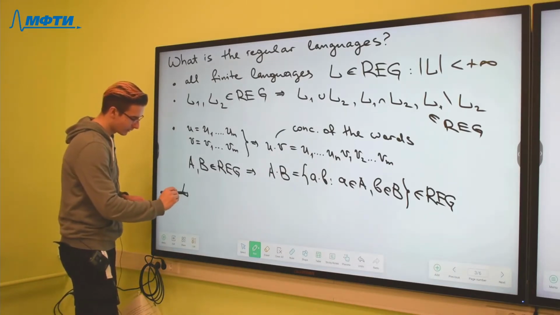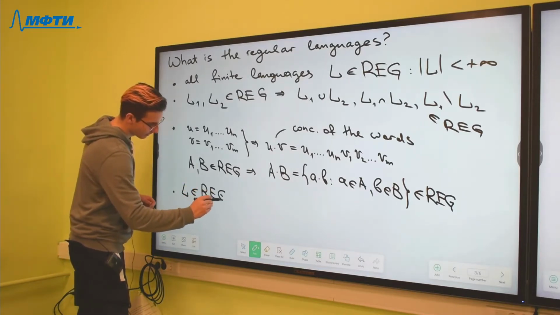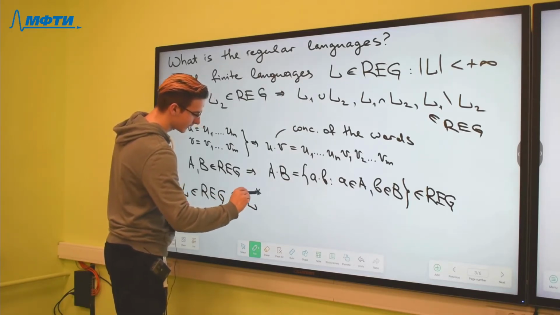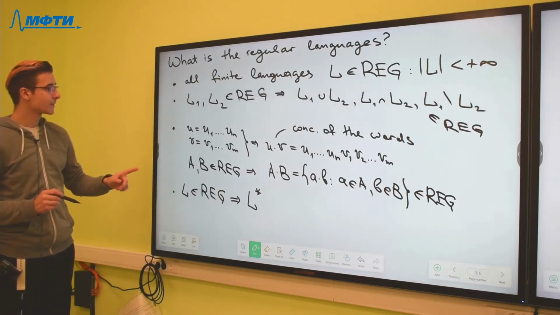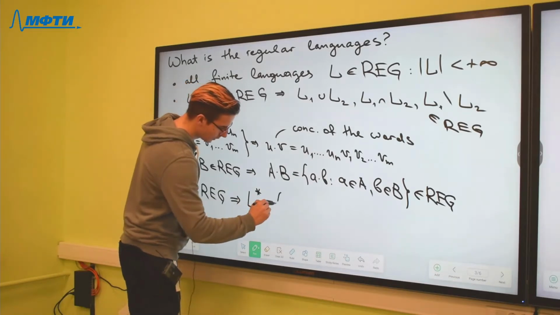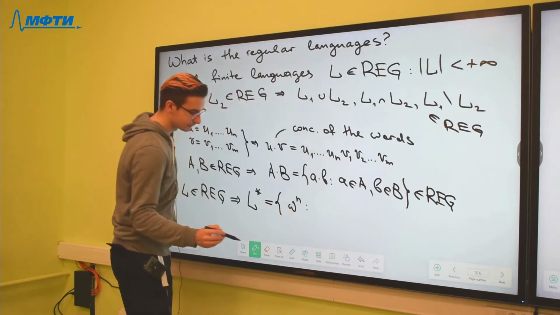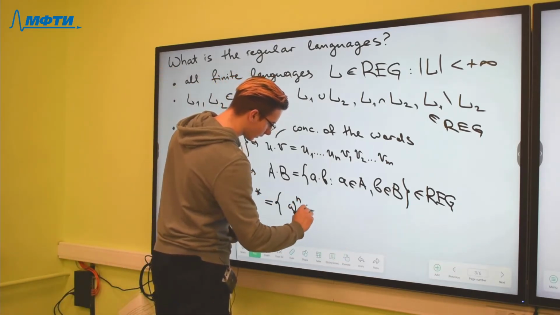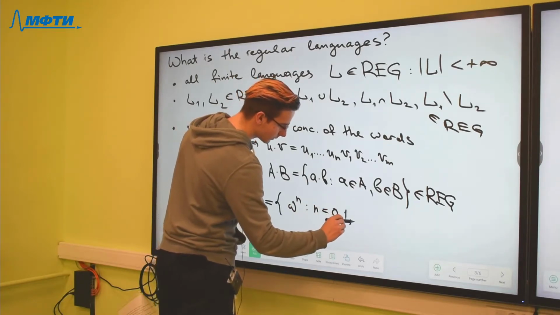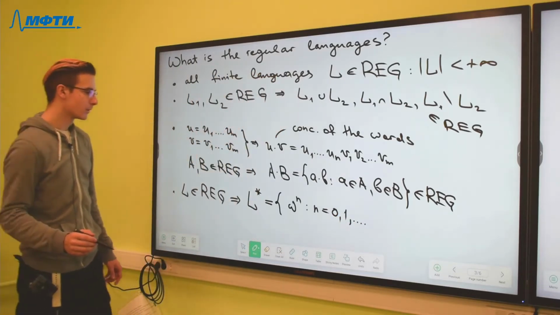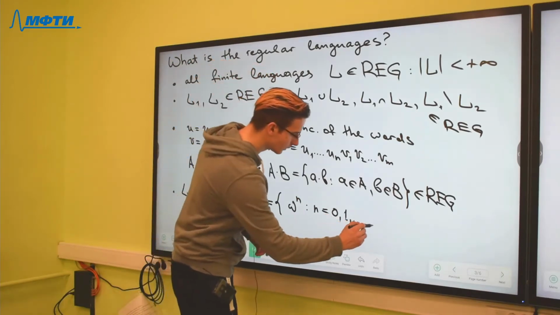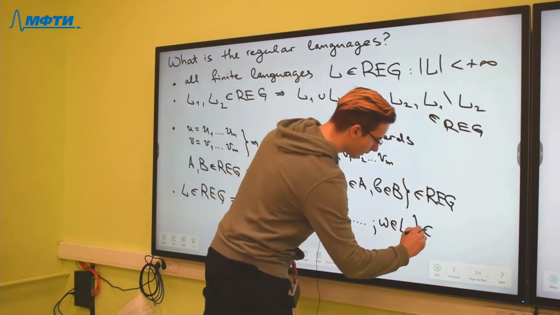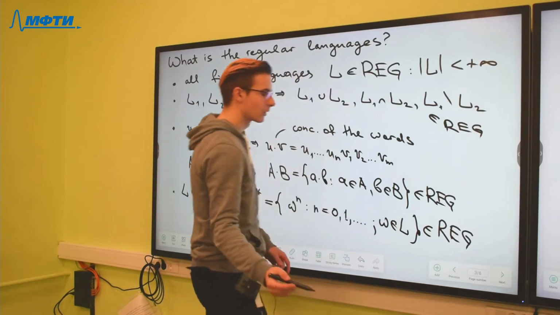So if we have L in the class of the regular languages, then we say that L with the star, which is named the Kleene star, is equal to the set of omega to the power of n, where n equals 0, 1, or another natural number, and omega is a word from the language L. So it must be in the regular languages.